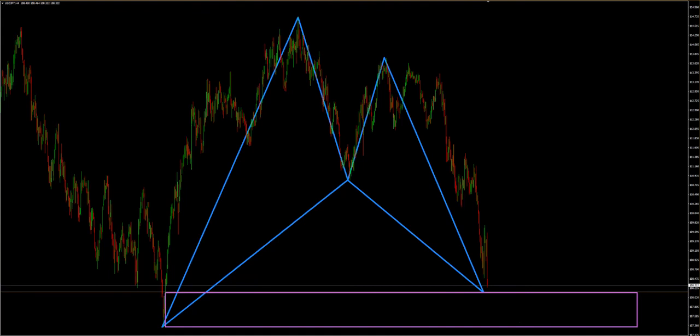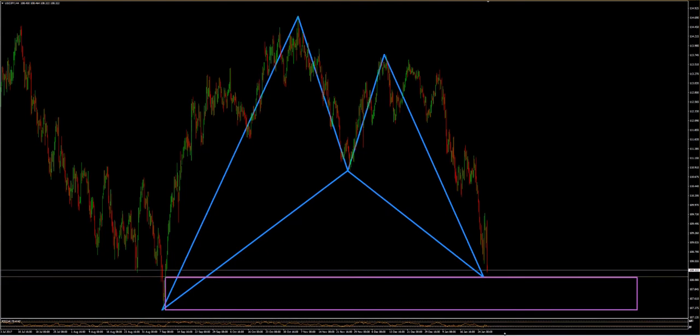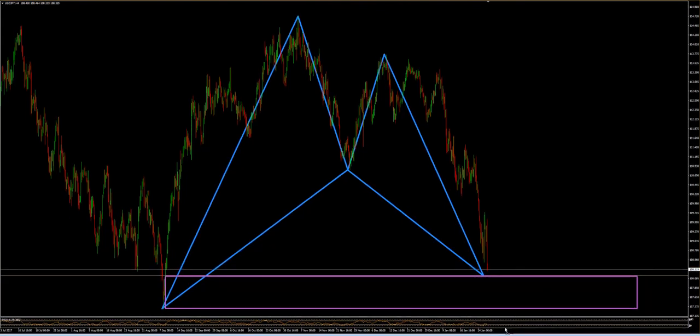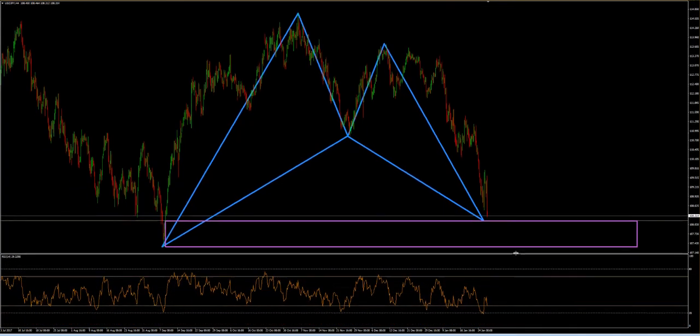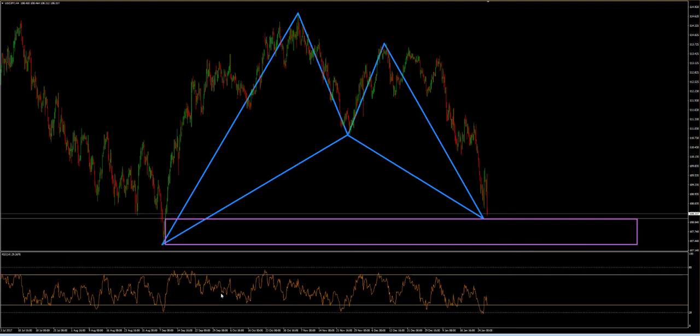But I'm going to add something in here. I'm going to show you guys something you could use. I don't usually use it often, but it's a tool. It's an RSI, and I have the 70 and 30, and then I also have the 80 and 20 marked here. And you could see on this move yesterday, we came down into this 20, this oversold area, and we got a nice bounce on the Trump effect.